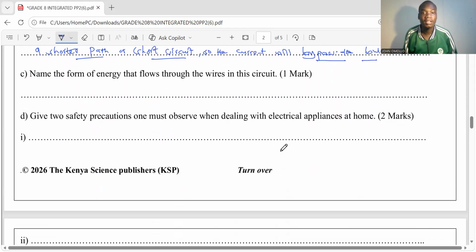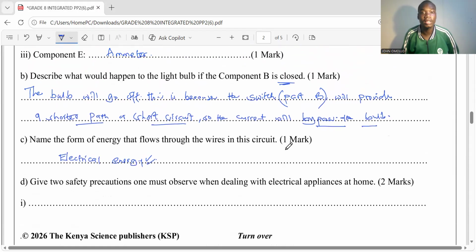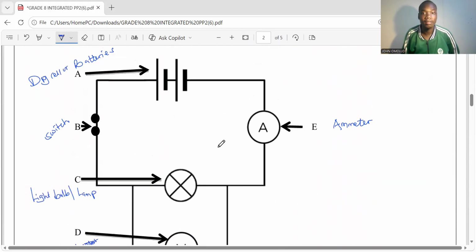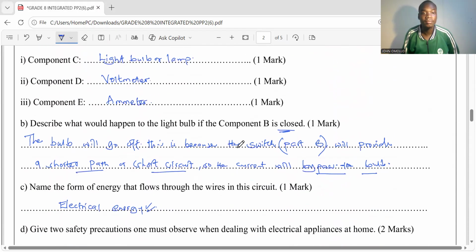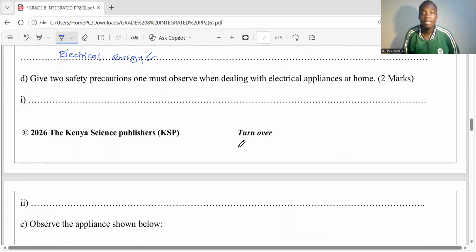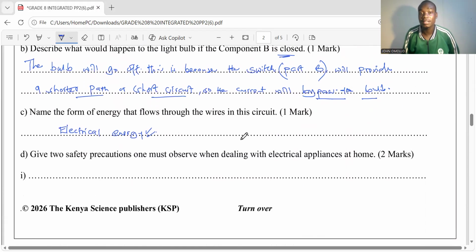Name the form of energy that flows through the wires in this circuit. So the form of energy, we have electrical energy. That is the form of energy flowing through the wires. The energy provided by the dry cell here is electrical energy. It makes the bulb to light. Remember, there are two forms of energy here.